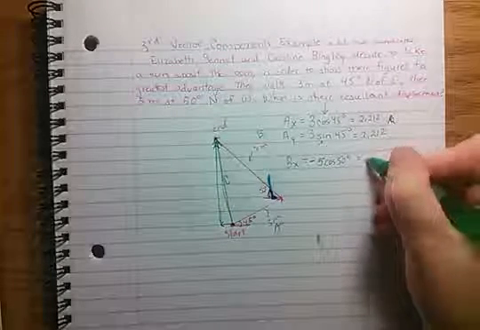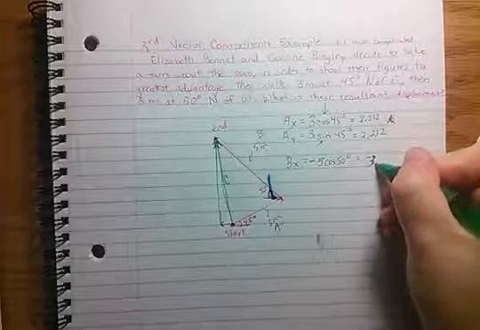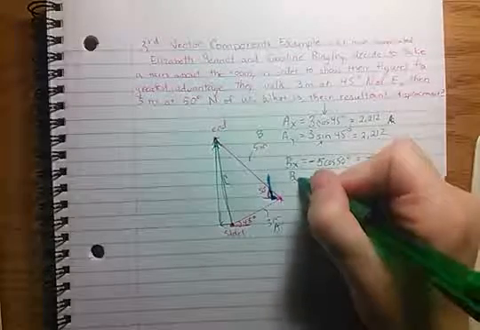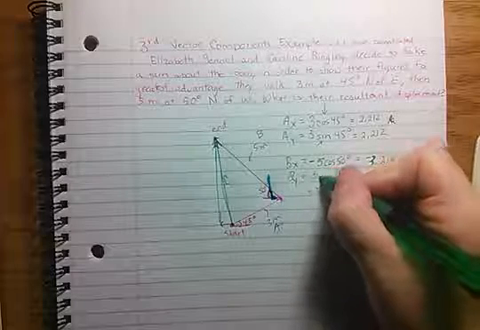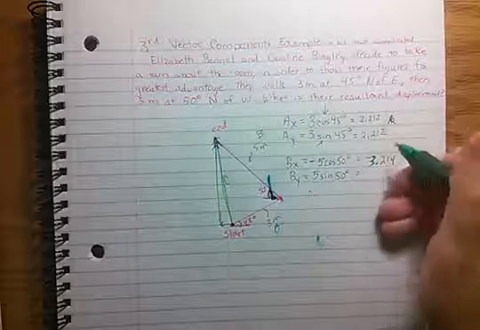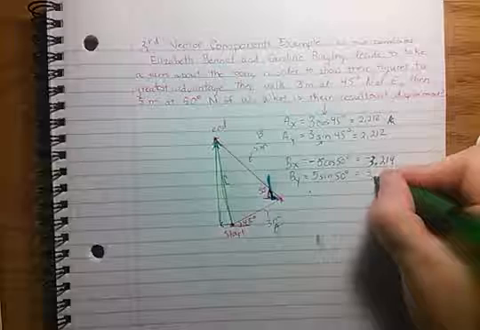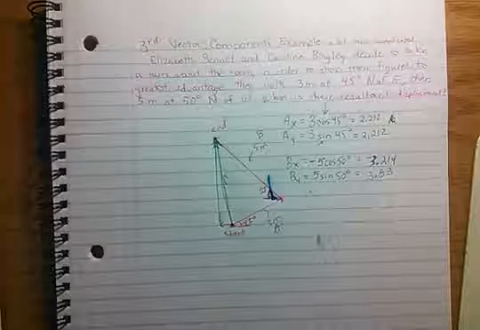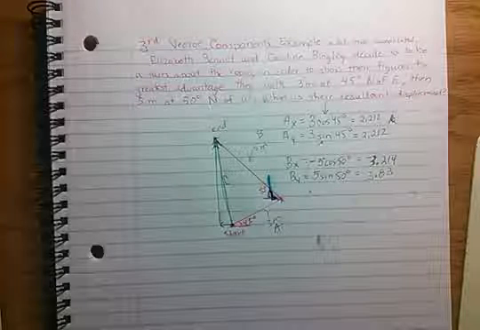Calculated that and got -3.214. And then By is going to be 5 times the sine of 50 degrees. So for that, we get 3.83.